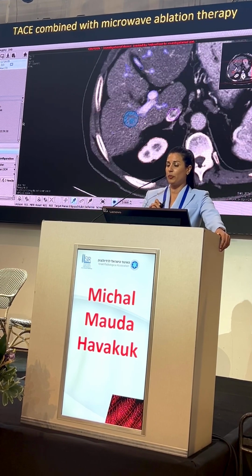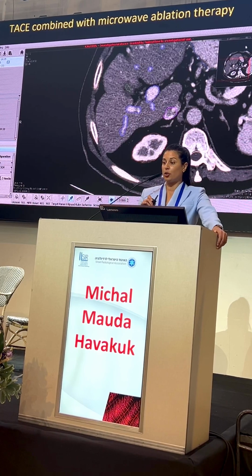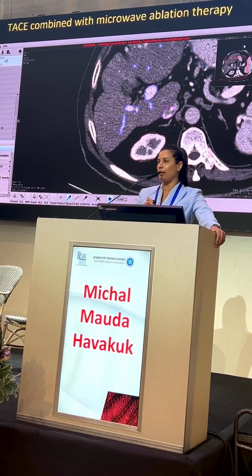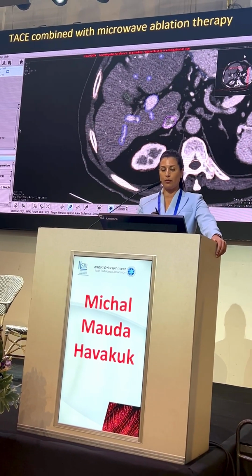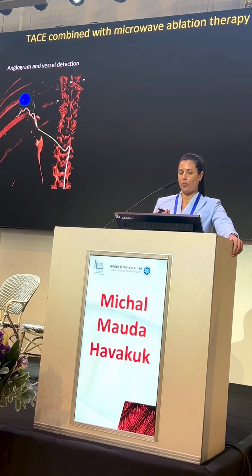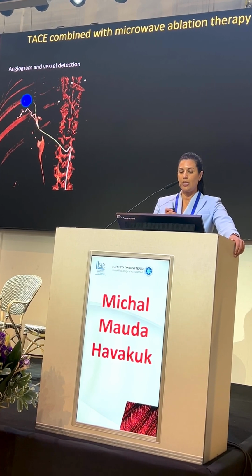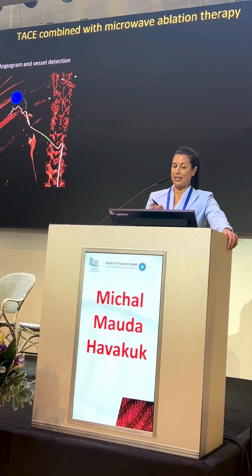Here you can appreciate that the tumor is very close to the main portal vein, and so this will affect our ablation margin, and this needs to be taken into account. So during the procedure, first we perform an angiogram, detect the tumor, as I've mentioned and showed you earlier with our software detection, and perform TACE.